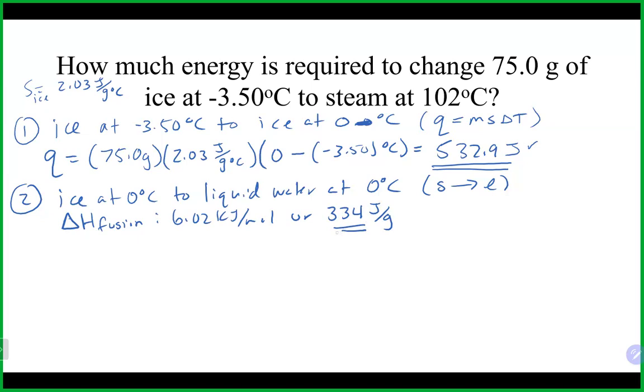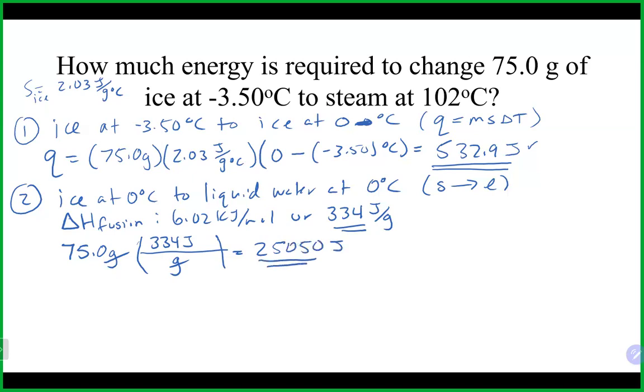So to do this, all we are going to do is take the mass of our ice, which is still 75 grams. We're going to use that heat of fusion, 334 joules per gram. The grams are going to cancel each other out, and we will end up with about 25,050 joules.